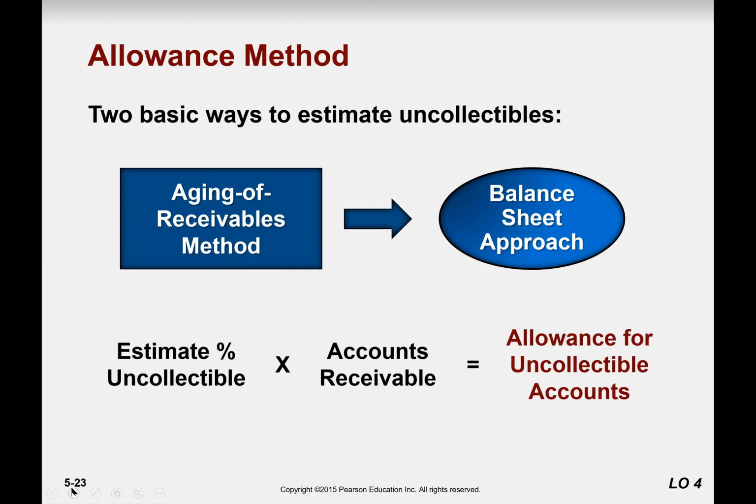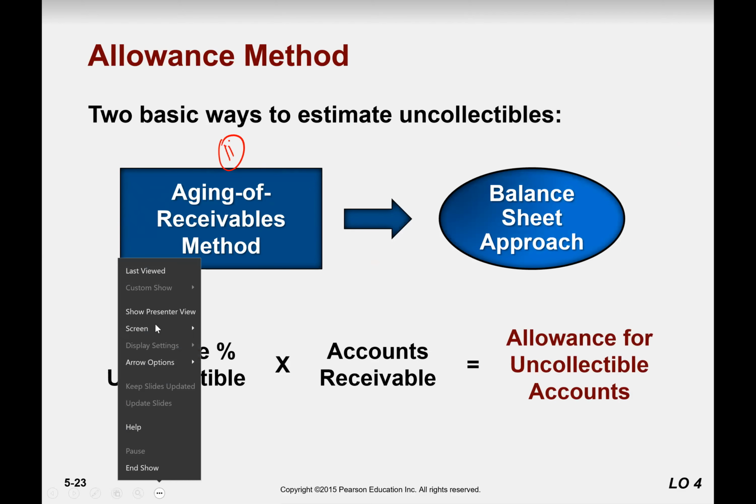Now, the second allowance method is the aging of receivable method. I think I'll use this Microsoft widescreen, that could be very handy. So the aging is basically aging of receivables.